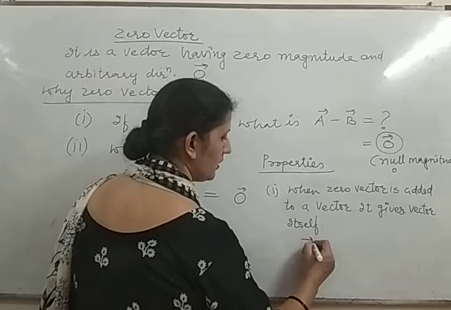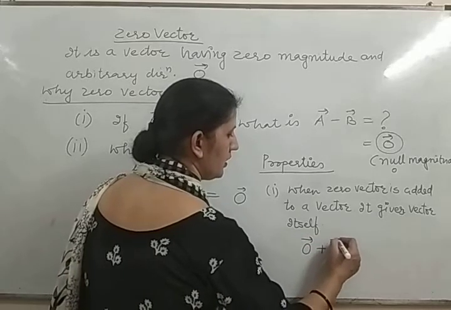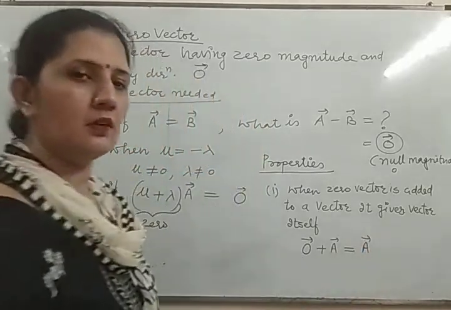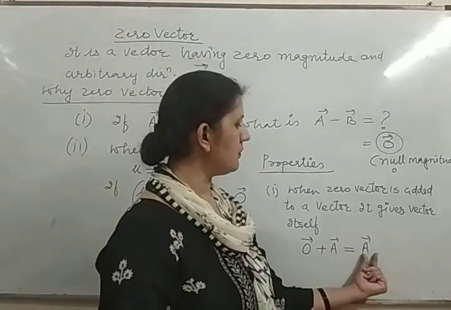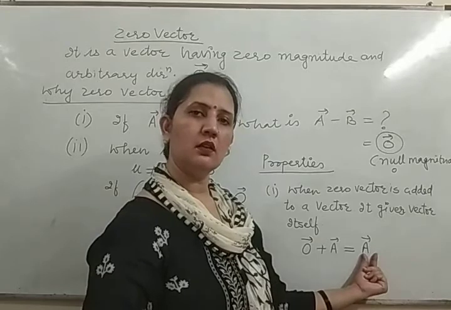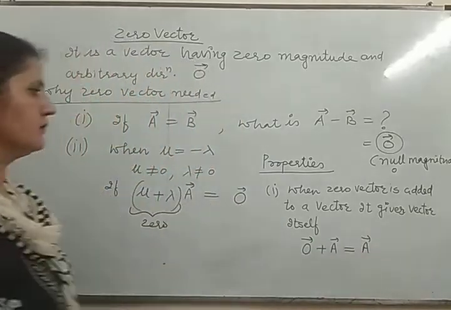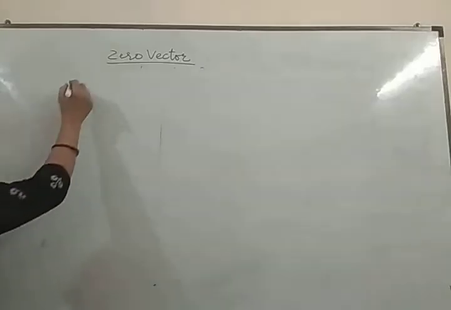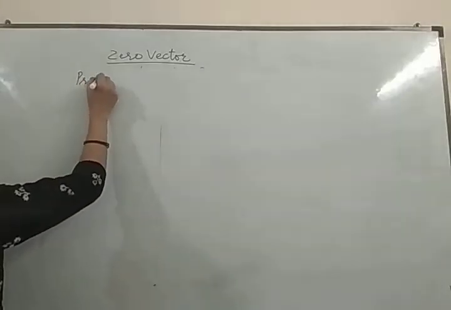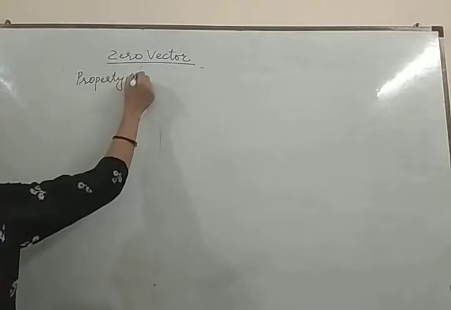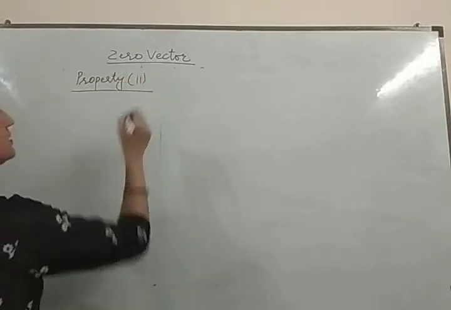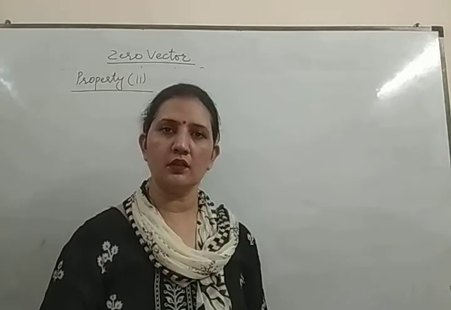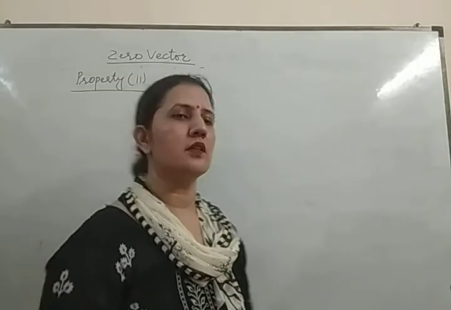If the zero vector is added to vector A, then the result is vector A, and the direction is the same as that of vector A. So note it down please. What was the first property? When a vector is added to the 0 vector, it gives the vector itself.